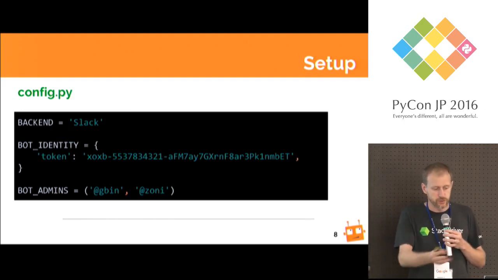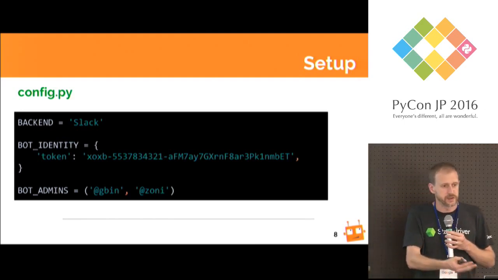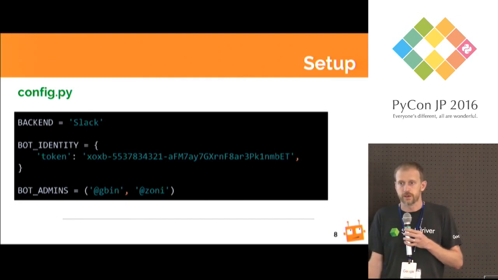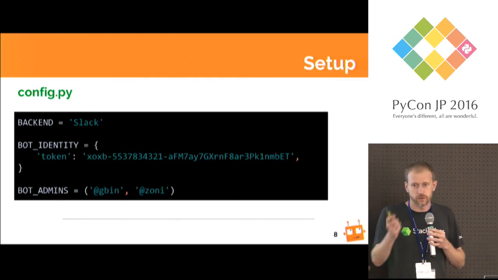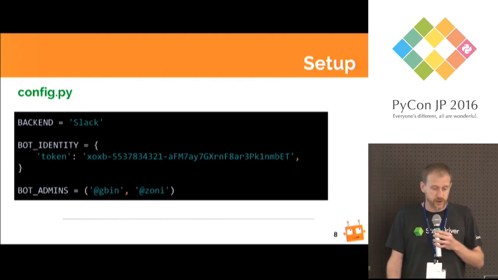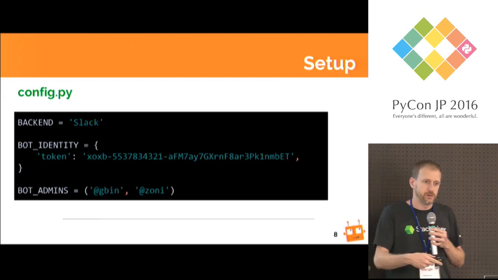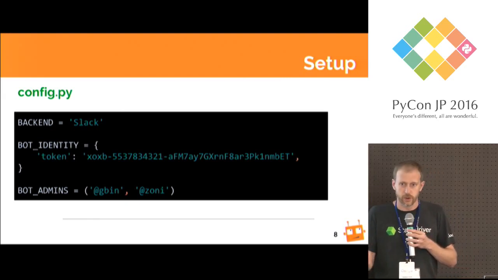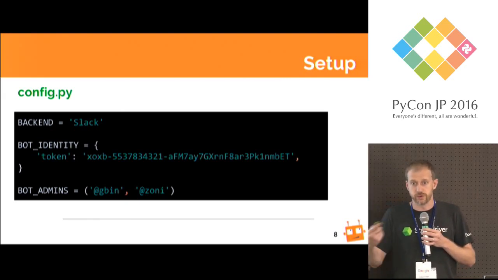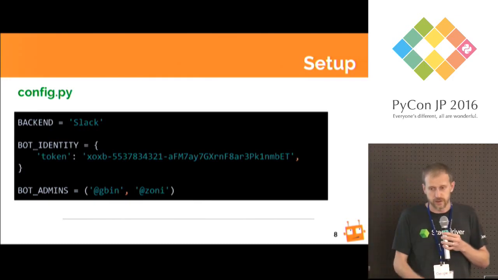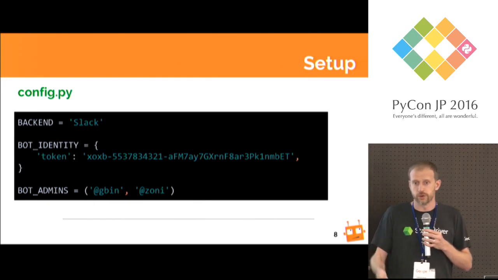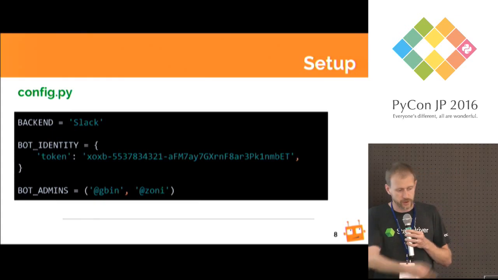And you give it an identity, so often it's a token, or sometimes a certificate or login and password. And one last important thing is who you're going to give the permissions to be admins on the bot, basically people that can administrate the bot itself. That's why you put that there, because you need to lock your bot right away. Here, just put.